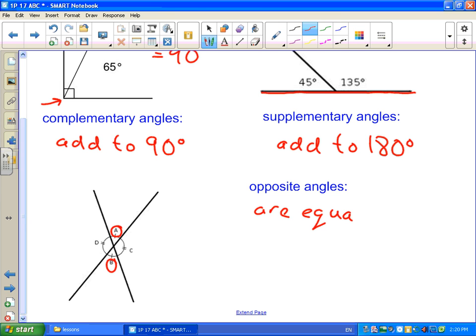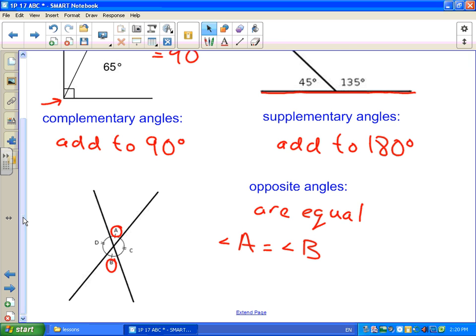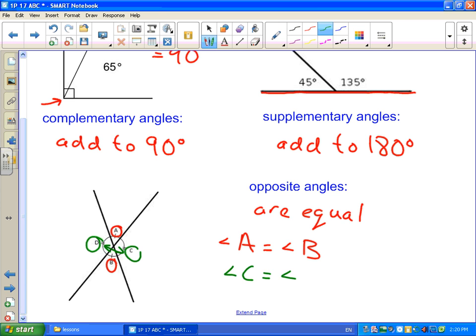So in this picture that I've got right here, angle A is equal to angle B because they're on opposite sides of that point of intersection. And angle D and angle C are the same because, again, they're on opposite sides of that point of intersection. Okay. So complementary angles add to 90 degrees, supplementary angles add to 180 degrees, opposite angles are the same size.